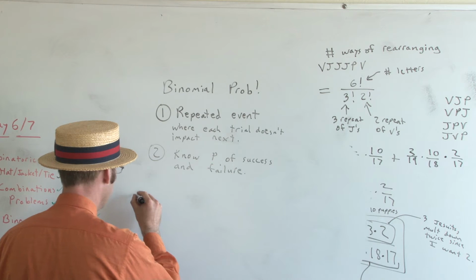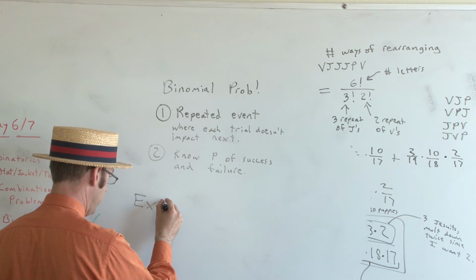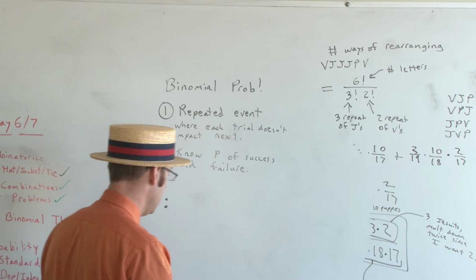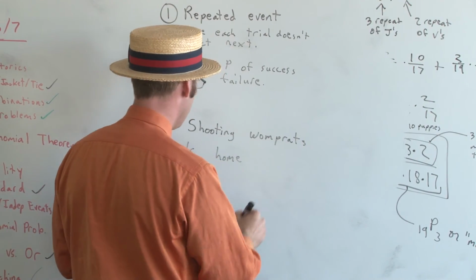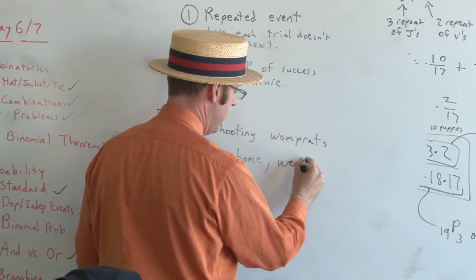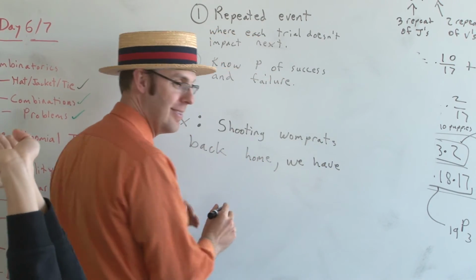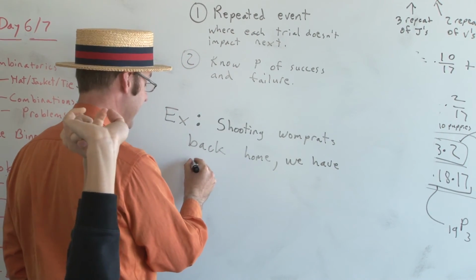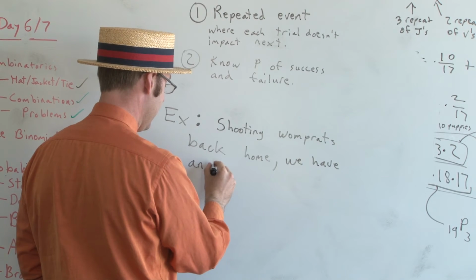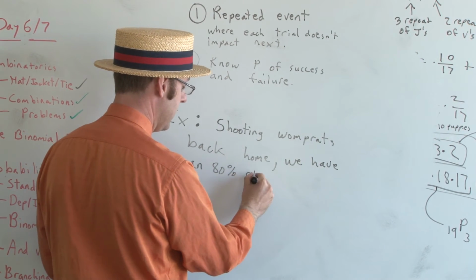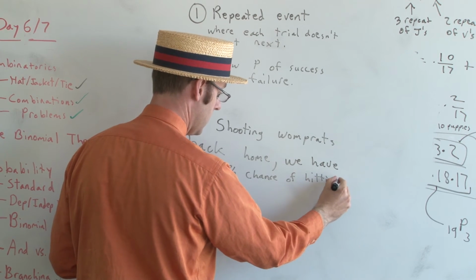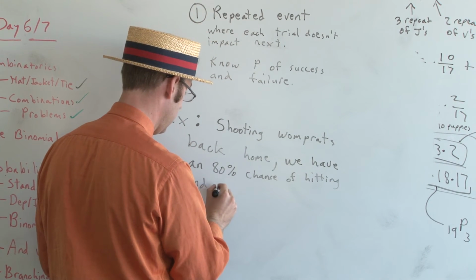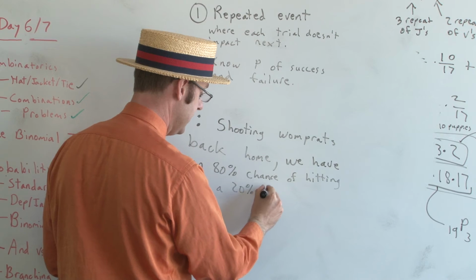So, for example, let's say that we are, I don't know, shooting womp rats back home. And I bet exhaust ports don't even run as fast as womp rats. We have an 80% chance of hitting, and a 20% chance of missing.